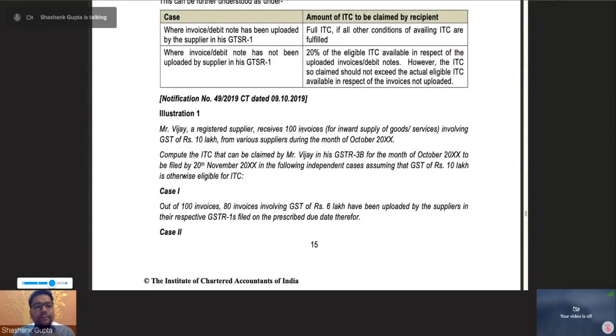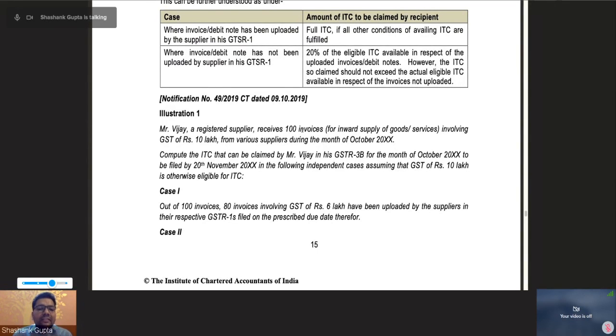Illustration says, Mr. Vijay, a registered supplier, receives 100 invoices for inward supply of goods and services involving GST of rupees 10 lakh from various suppliers during the month of October. So, the supplies have been received involving GST of rupees 10 lakh.